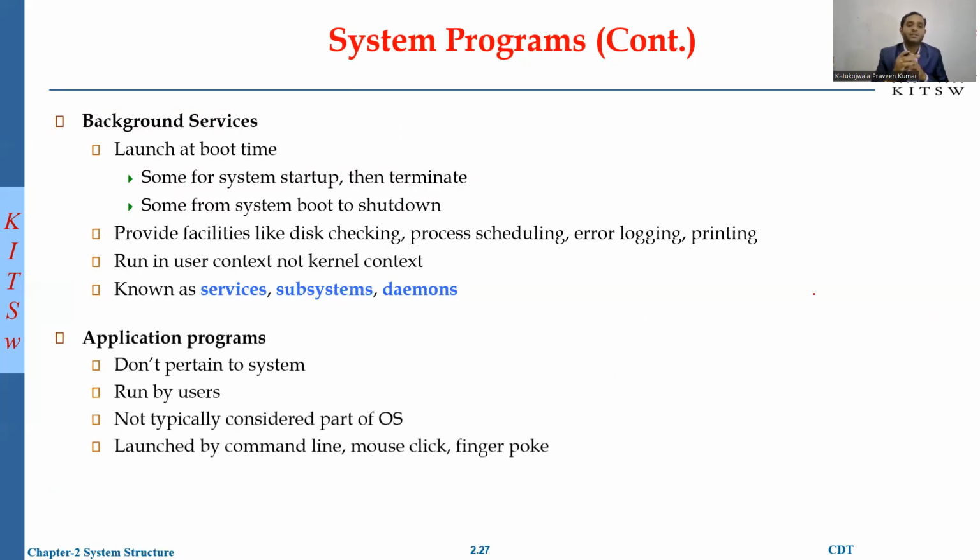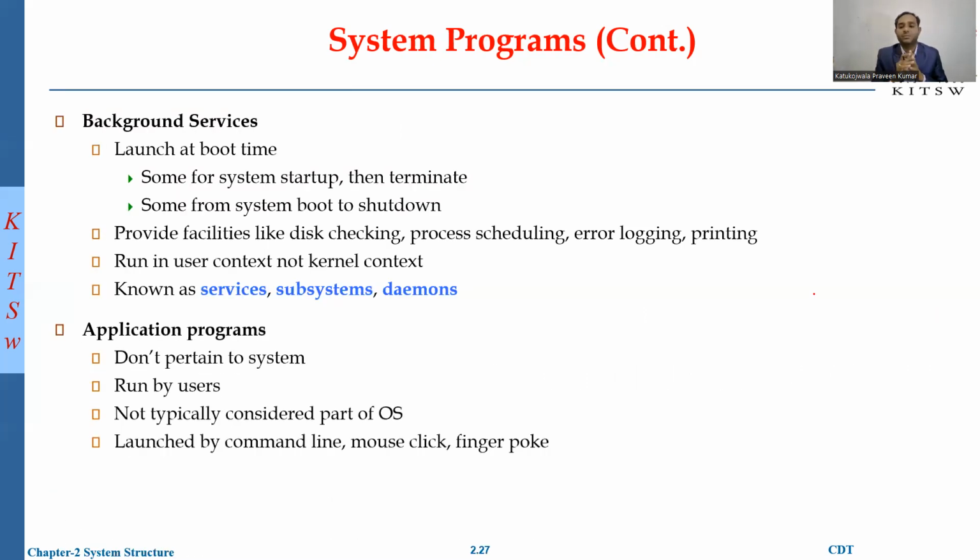Background services launch at booting time, and all these come under background services. For example, when you insert a pen drive into your system, immediately a pop-up will come saying you have inserted a pen drive and it is having an error. That is a background service done by the system program.